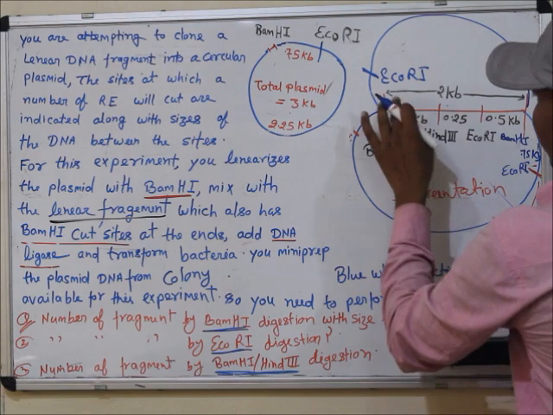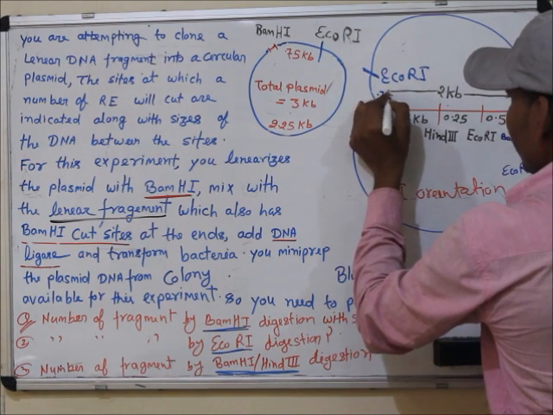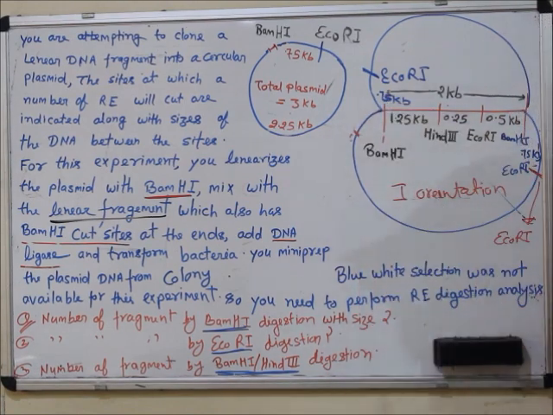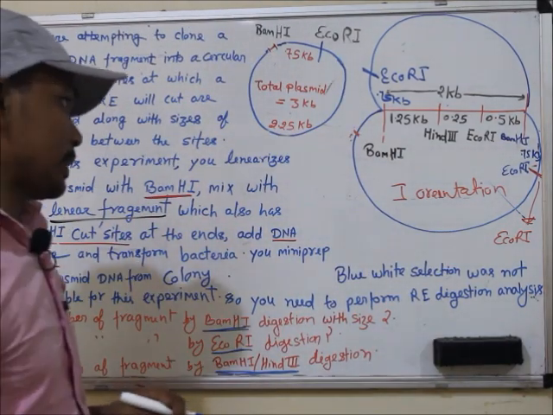Okay. So 0.75 kb is here. Okay. 0.75 kb is here.